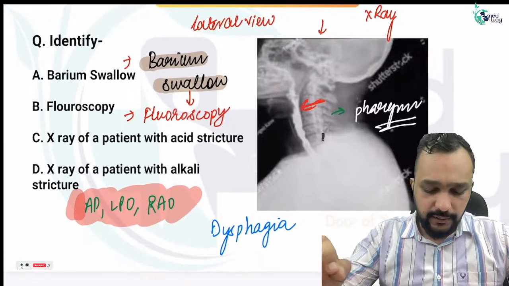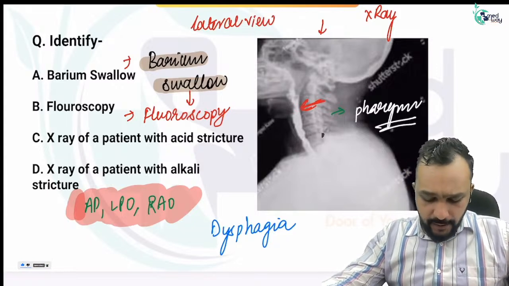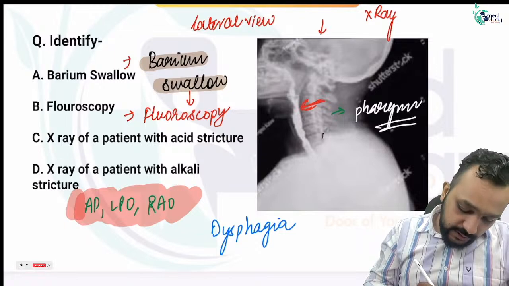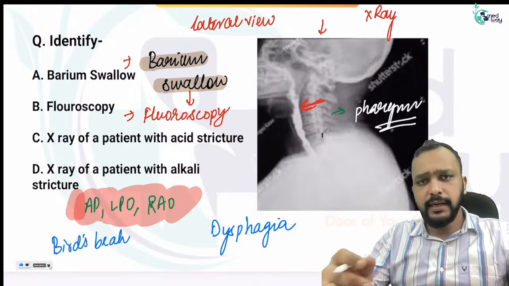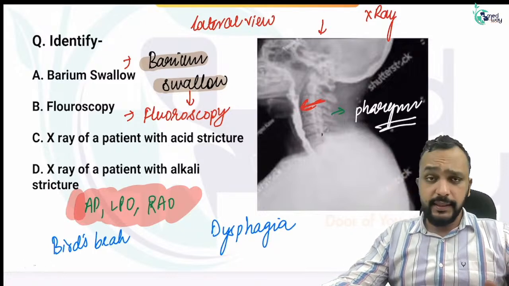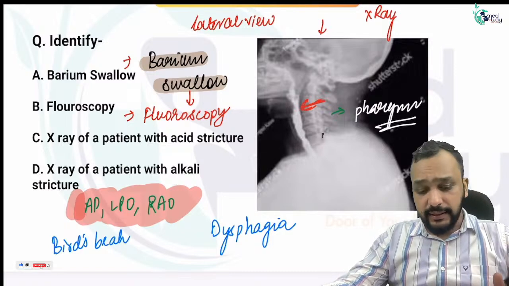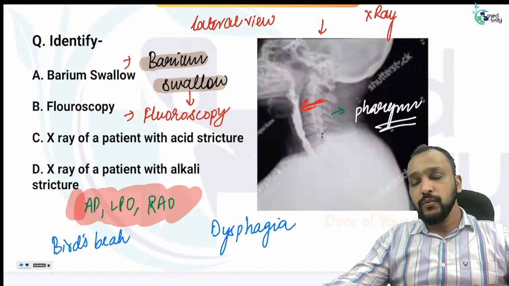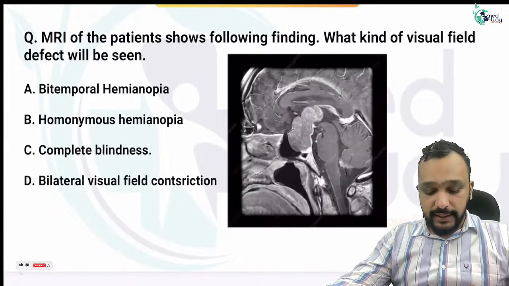So you will see a bird's beak appearance in patients with achalasia cardia, right? You will see a rat tail appearance in patients with esophageal cancer. Then you can also do a barium swallow to look for Zenker's diverticulum, Killian's dehiscence, right?